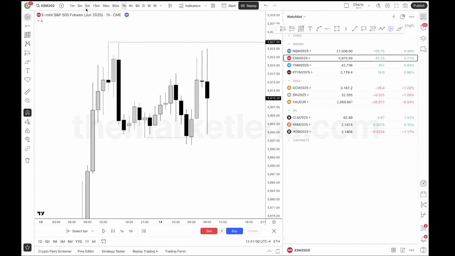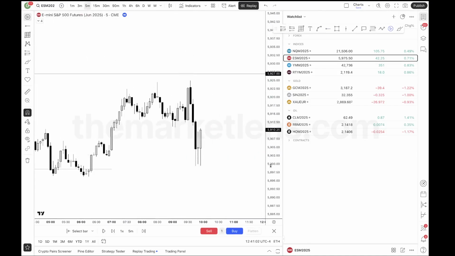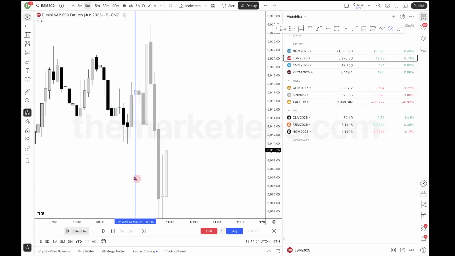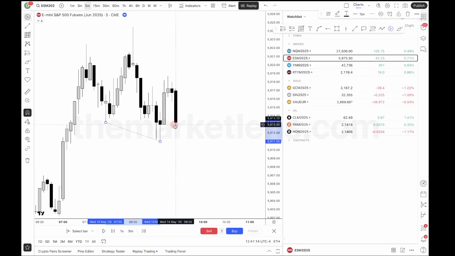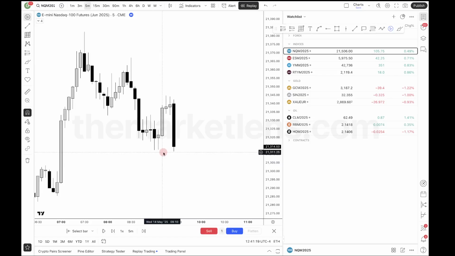Right? So when I go to 5 minute here, you're going to see that there is a two-stage correlation here, where we take out this low here, right? And then later on, right before 9:30, we create this SMT at the lows. So you see how we take out this low here?